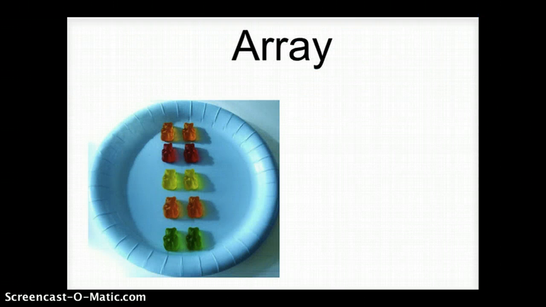The gummy bears are arranged in an array on the plate. There are 1, 2, 3, 4, 5 rows of gummy bears. And 1, 2 columns.